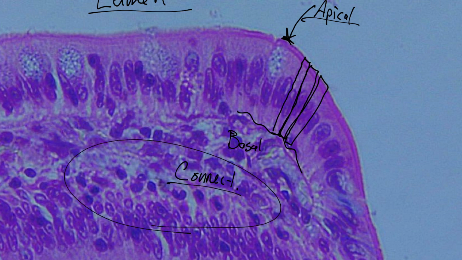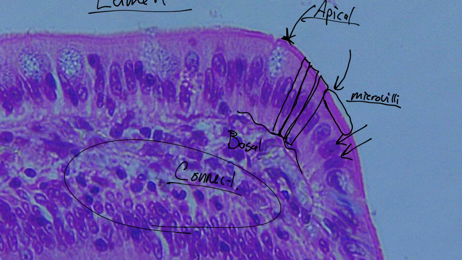So the difference is, notice that the apical surface of these cells up here looks just a little bit fuzzy. That fuzzy border is actually a bunch of structures called microvilli, which we'll see a more clear picture of on the next slide. Those microvilli are responsible for absorption of nutrients right out of the small intestine across these epithelial cells.